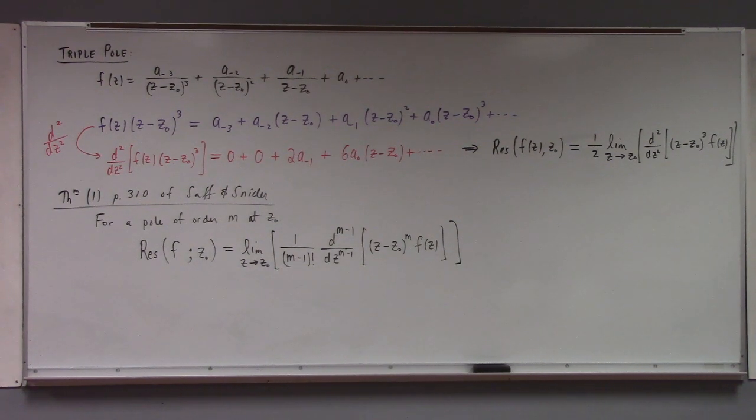This one's about the quotient of two functions. We happen to know the denominator has a 0. All we know for the numerator is that it's holomorphic at z naught. This is f of z naught divided by g prime of z naught. All right, that's rule number 3.